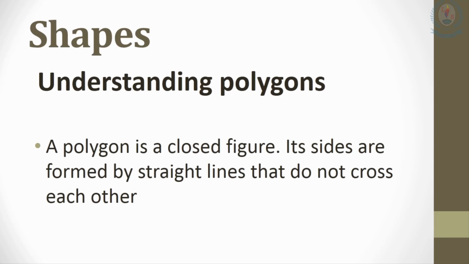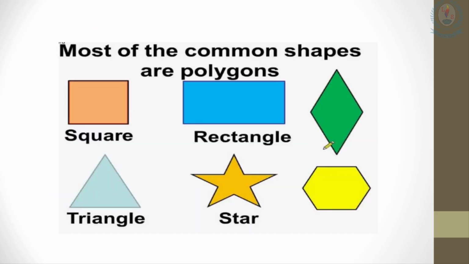With examples, you will learn more about polygons. Then you will learn to describe a polygon. Which kind of polygon is that? Simply we can say, as the definition of a polygon, it's a closed figure formed by straight lines that do not cross each other. We see polygons all around us. Here are most of the common shapes that we consider as polygons.